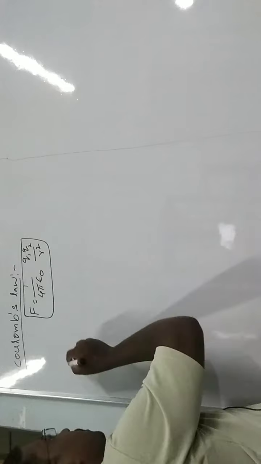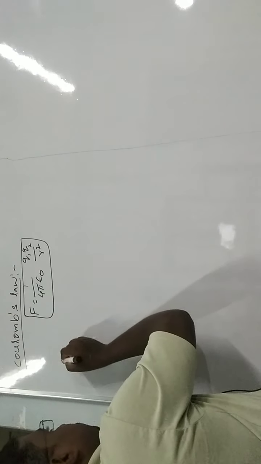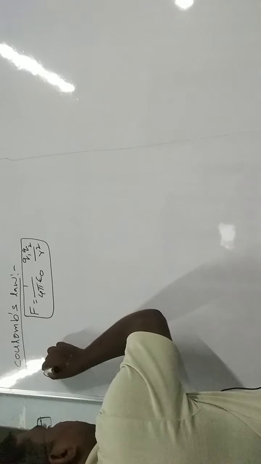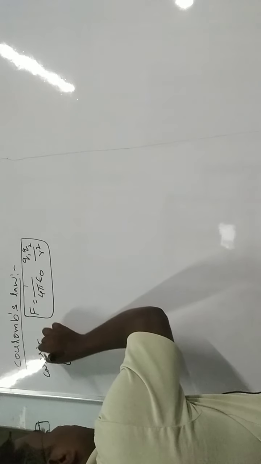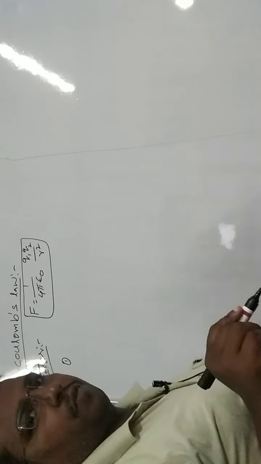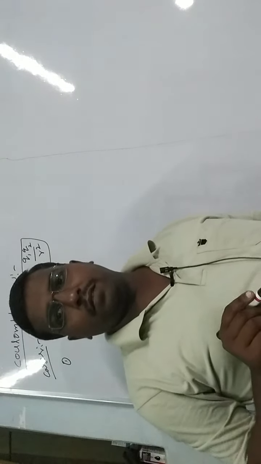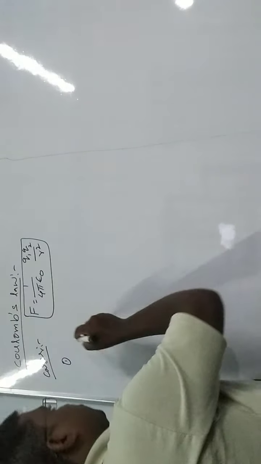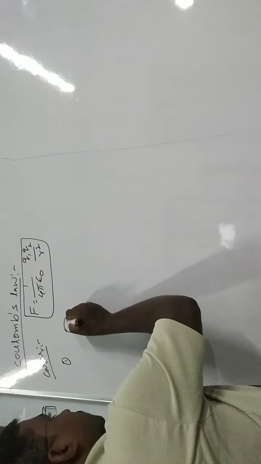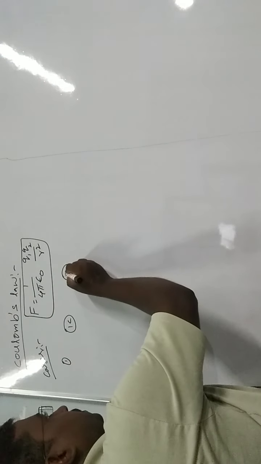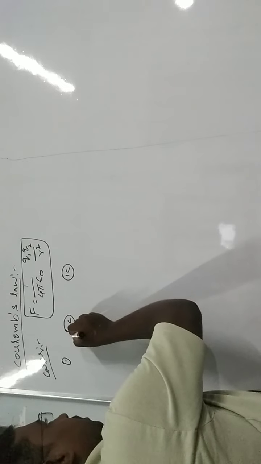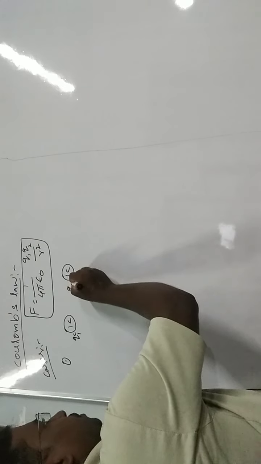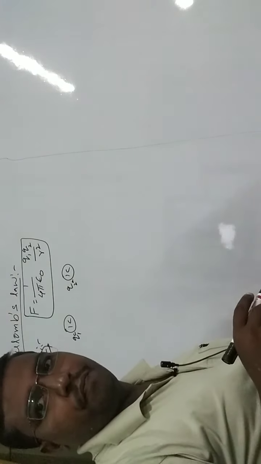Now, we have to take some special cases in this Coulomb's law. What are the special cases? One is, suppose there are two charges. This is 1 coulomb and this is also 1 coulomb. That is, Q1 equal to 1 coulomb, Q2 is also 1 coulomb.